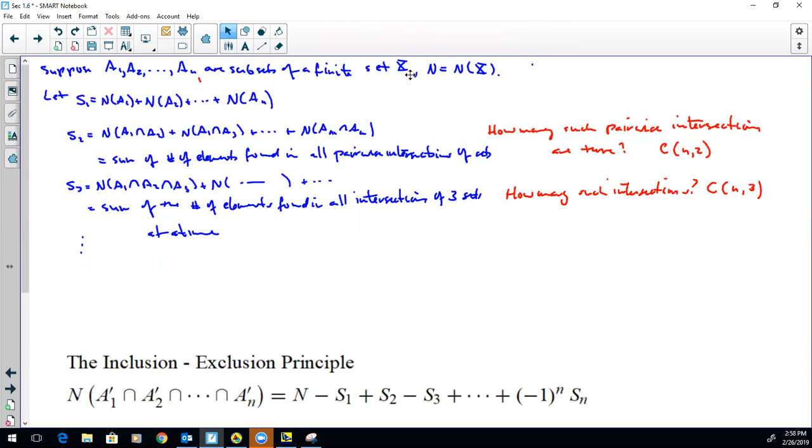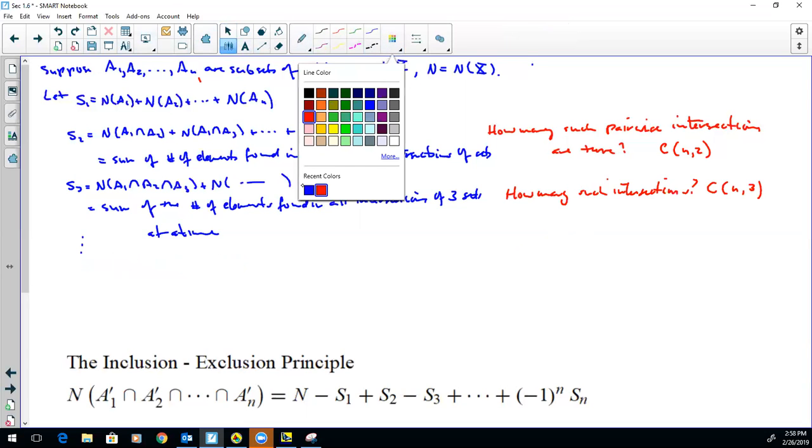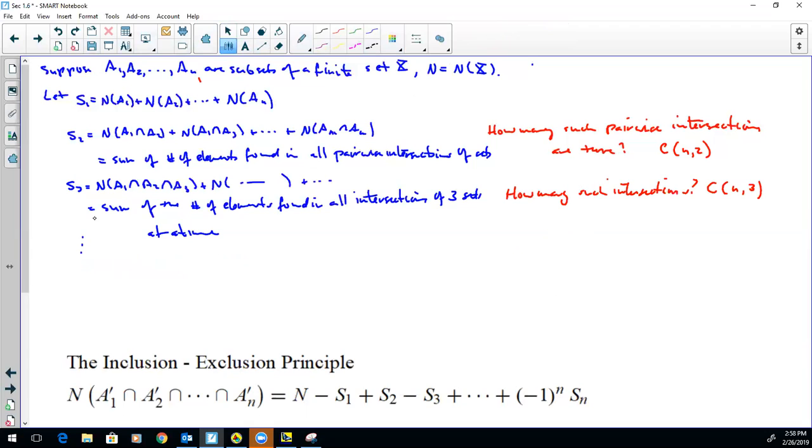Okay. All right. S sub R. It's an R, not an N. It's the number of things in the intersections of R number of sets.